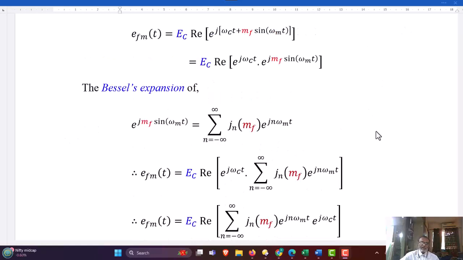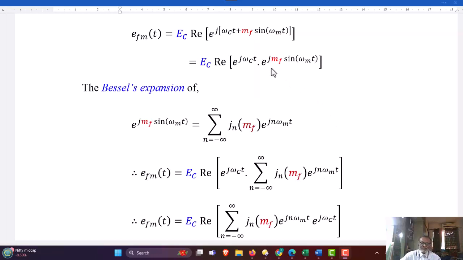We will apply the definition of Bessel expansion to our frequency modulated signal expression. So therefore, we are getting the frequency modulated signal Ec into the real part of e^(jωct) into the sum over n equal to minus infinity to plus infinity of Jn(mf) e^(jnωmt).